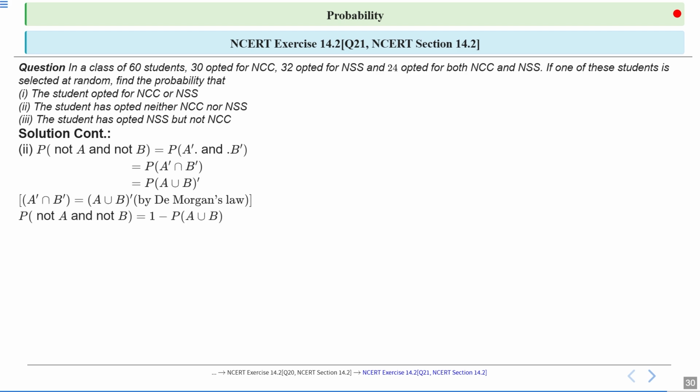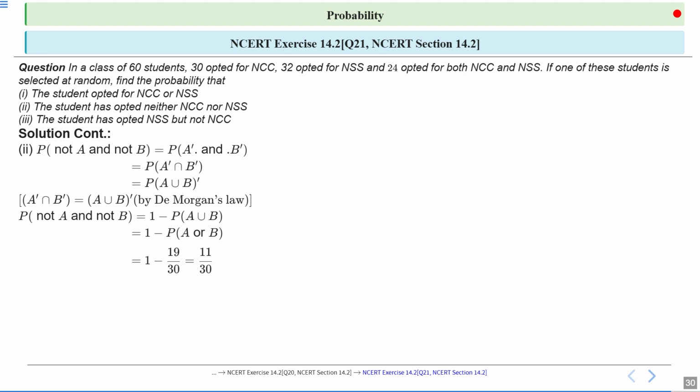And then probability of not A and not B is equal to 1 minus probability of A union B. Why? Because probability of A union B whole complement is nothing but equal to 1 minus probability of A union B. And this is equal to 1 minus probability of A or B. Now put the value of probability of A or B, which is 19 over 30.